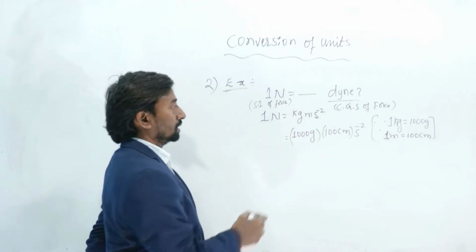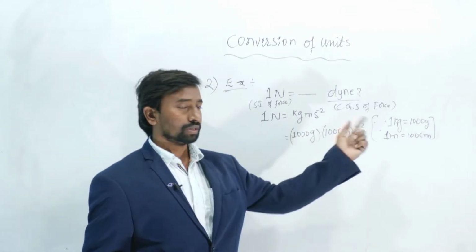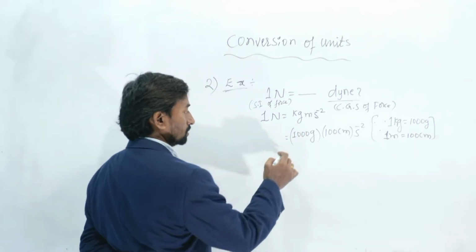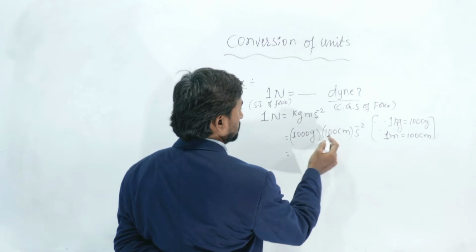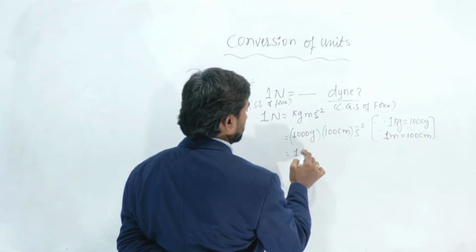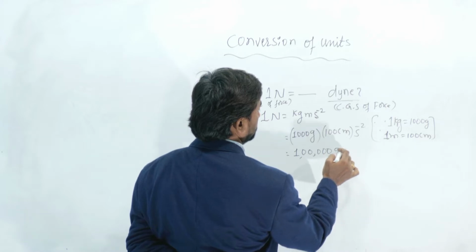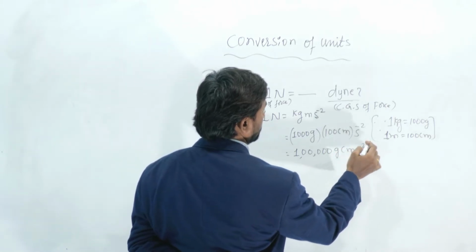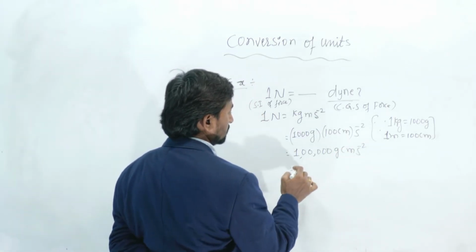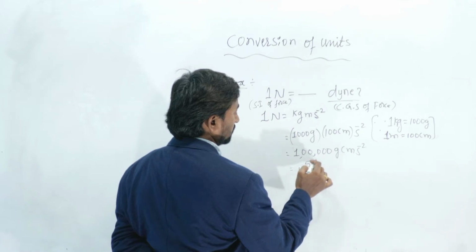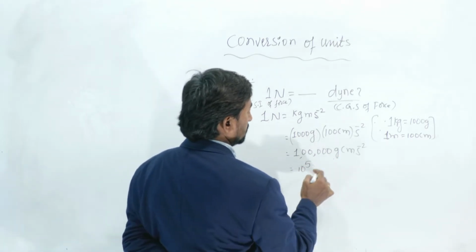Seconds stay as they are. In place of kg and meter, we write the CGS units. So it is 1000 into 100, which gives 1 lakh gram centimeter per second square. We can write this as 10 to the power of 5. This is said to be the dyne.